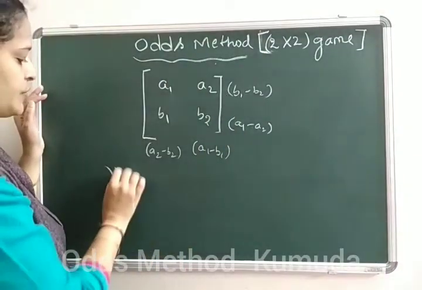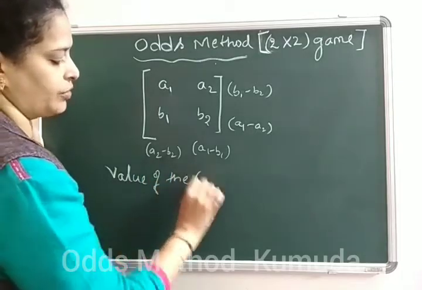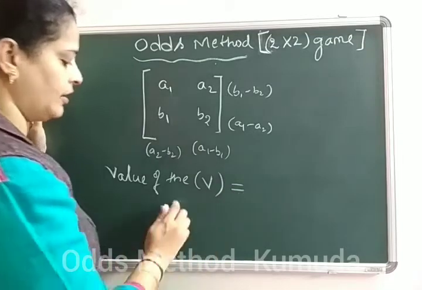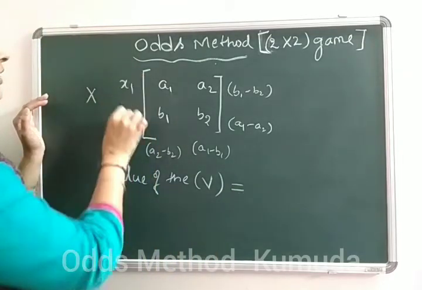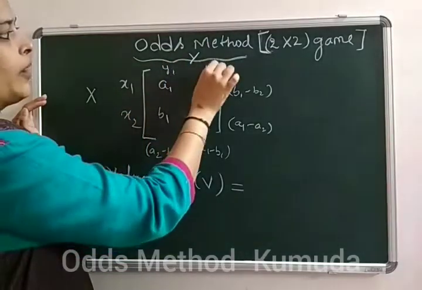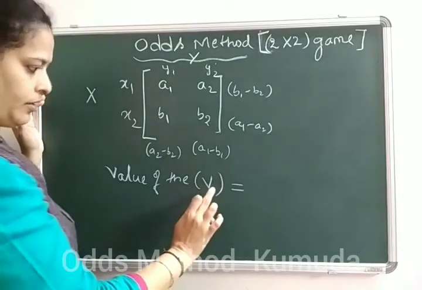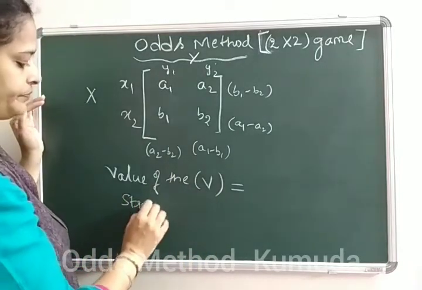That is the first one called the value of the game. We actually find the value of the game, generally represented as V, with a formula. Then we also have strategies. So let us assume this is a player X who has the strategies called X1 and X2. We have player Y who has strategies called Y1 and Y2. So for every game, we find the value of the game called V, and also we find the strategies.